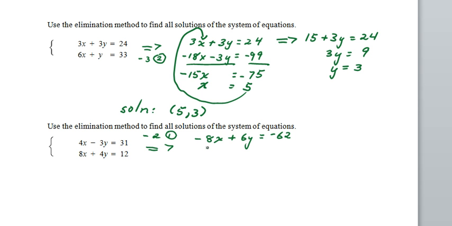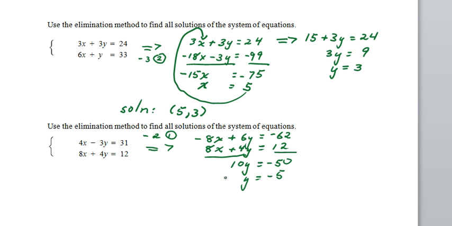I'm not going to do anything with the second equation because I already have the coefficients of the x opposite of each other. And when I add, I will eliminate the x's and get 10y equals negative 50, or y equals negative 5.